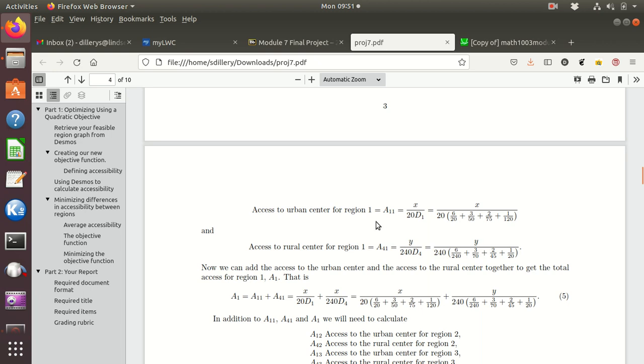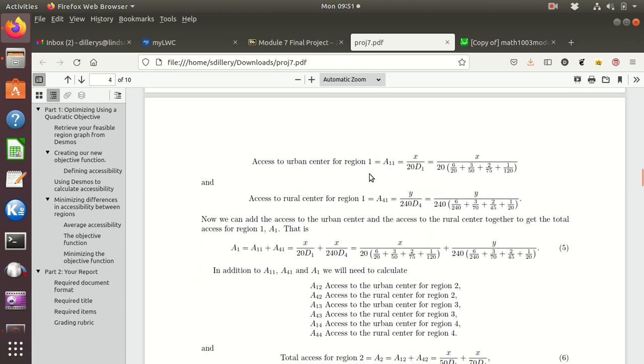Now again, I don't know X and Y yet, so we'll need those, but we'll need to use our feasible region and so forth to get that. Now, our total access is just the access to the urban center plus the access to the rural center. And so we're going to say total access for Region 1 here, A1, is the sum of those two separate accesses, and so we get this expression here that we'll call equation 5.